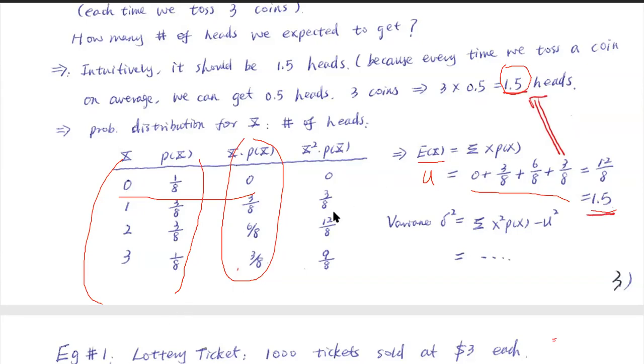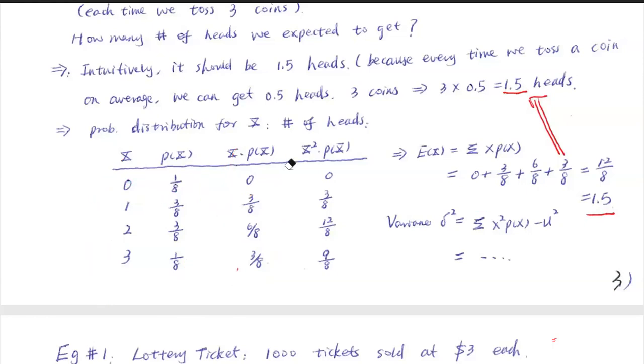They are talking about the same stuff. Is that clear? E is expectation, but it's also the mean. So we finished the average, which is based on the third column.